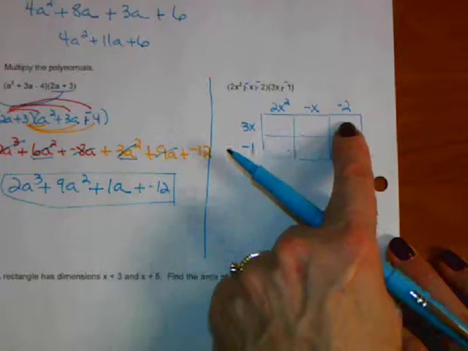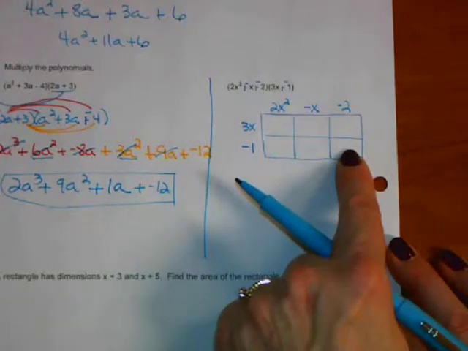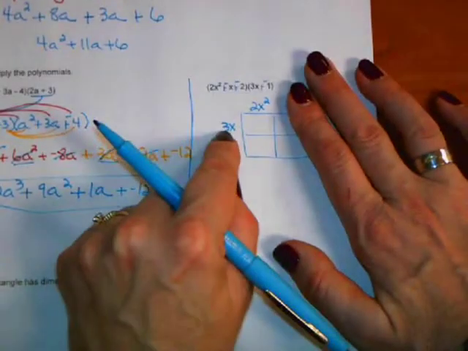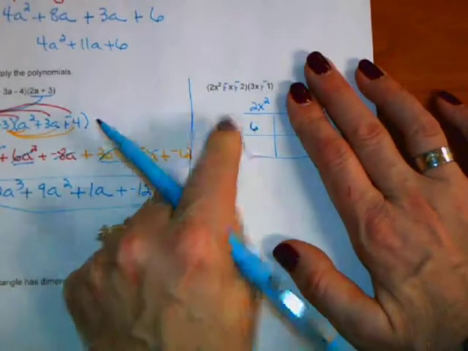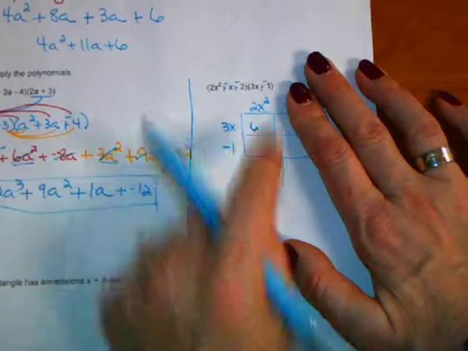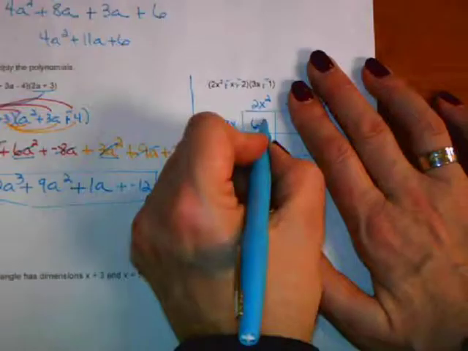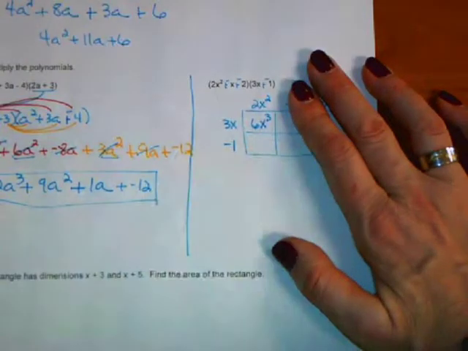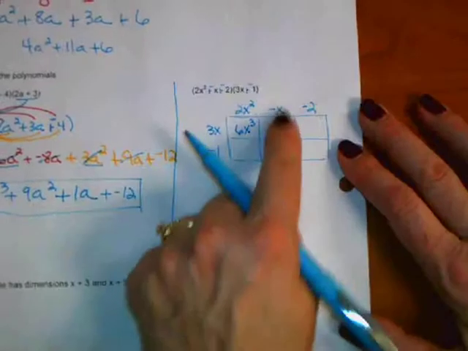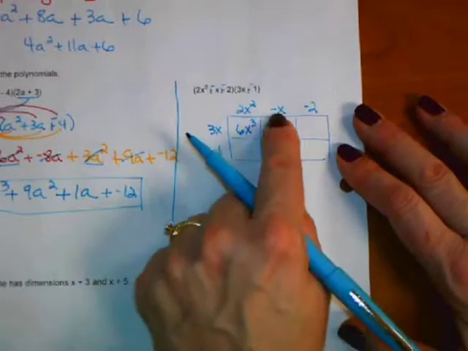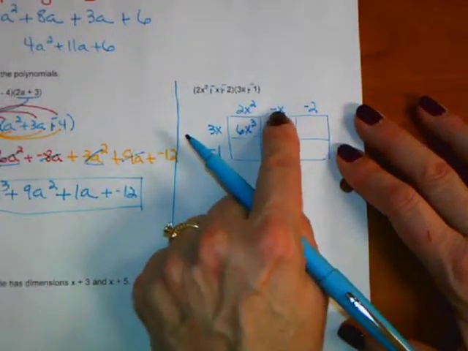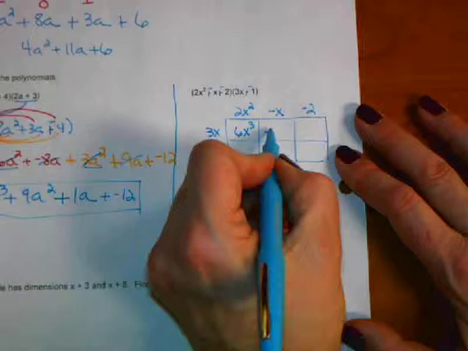Then we go through and do each box. The first box is going to be 3 times 2, which is 6, and x times x squared, which is what? X cubed. 6x cubed in that first box. Then you go through and do all the rest of them. This is really a negative 1, isn't it? 3 times negative 1 is negative 3.